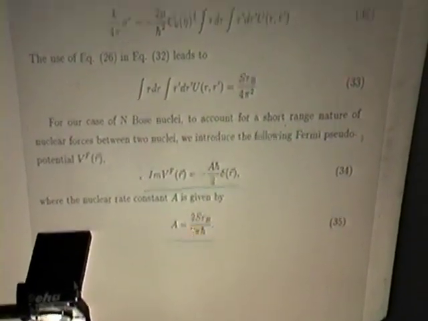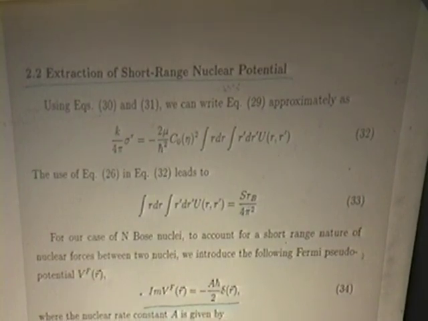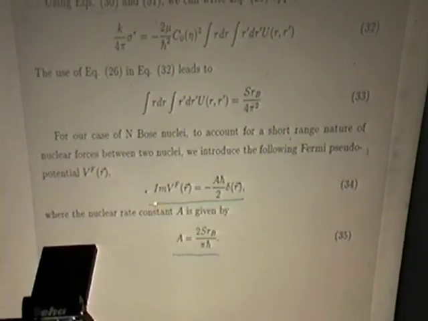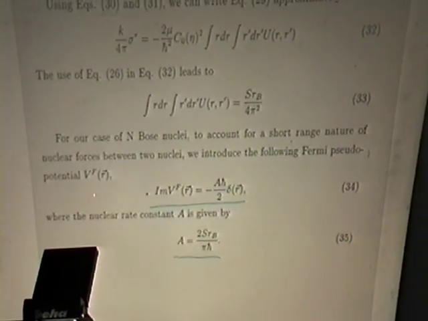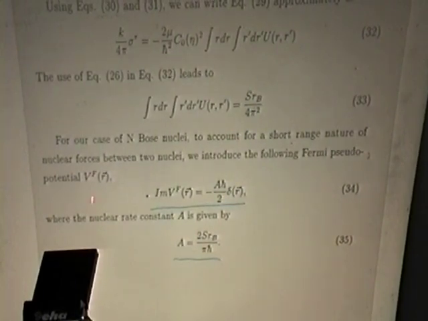Remember, this S factor is nearly constant, whereas the gamma factor is the one which changes so much. Whatever potential you assume, this is called the Fermi potential, essentially a contact interaction, a delta function interaction.